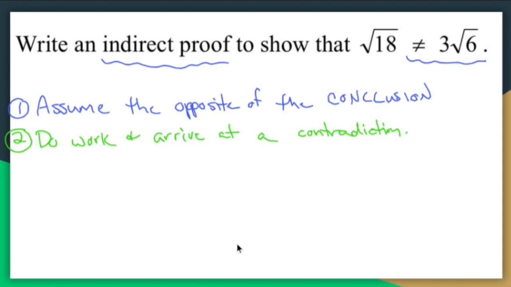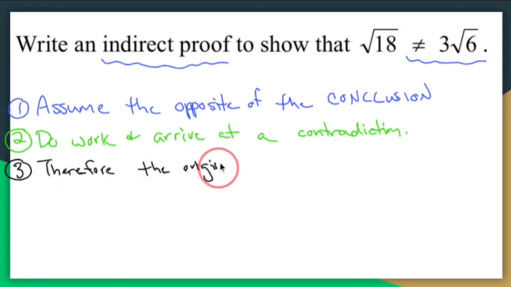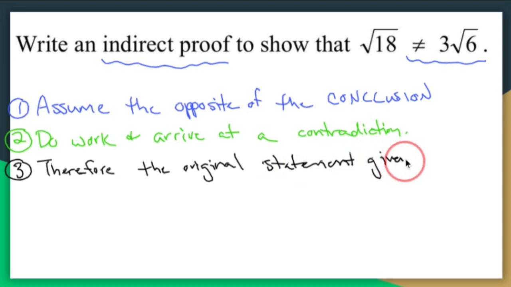What we're doing is we're going to assume the opposite, find out that the opposite is wrong and say, well, that's wrong, so therefore the original statement that we are given was true.